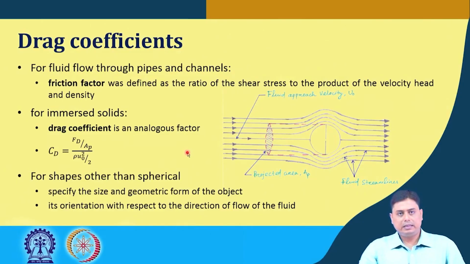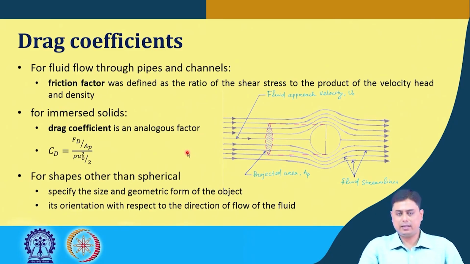So similar to the concept of friction factor, which you have studied or you know, when there is a flow in pipe or conduits, you have heard the term friction factor. So friction factor was defined as the ratio of shear stress to the product of velocity head and density. Okay, so this ratio was defined as the friction factor.